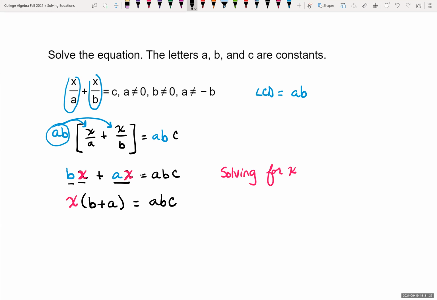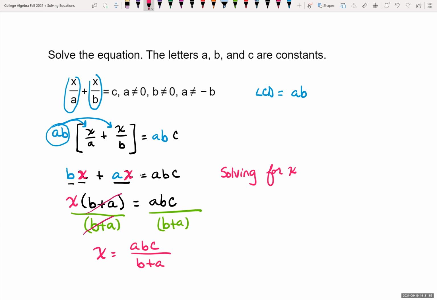So now just to get that X by itself, I can divide both sides by our parentheses of B plus A. Notice that this is going to cancel here. You're just left with X is equal to ABC all over B plus A.